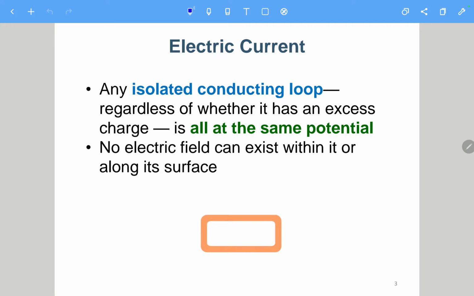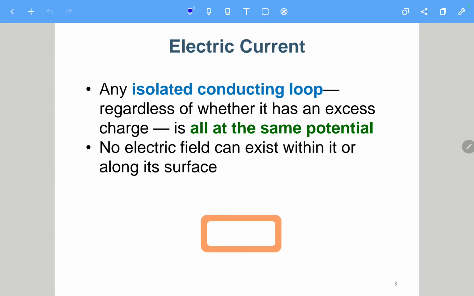Okay, so here we will introduce current, electric current. So any isolated conducting loop, regardless of whether it has excess charge, is at all the same potential. So which means that, suppose this ring is formed with conductor, and in chapter 23 we already mentioned that inside the conductor there won't be any E field.